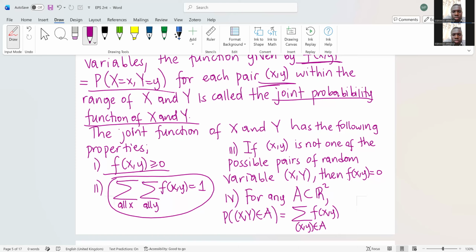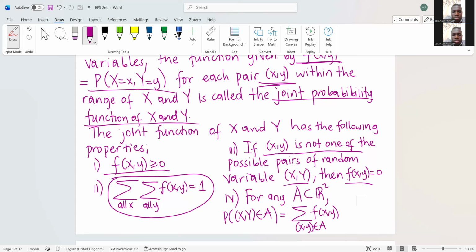Property 3: if a pair x, y is not one of the possible pairs of the random variables, then the probability of that pair should be 0, because it's not among the possibilities which the pair of random variables x and y can take on.